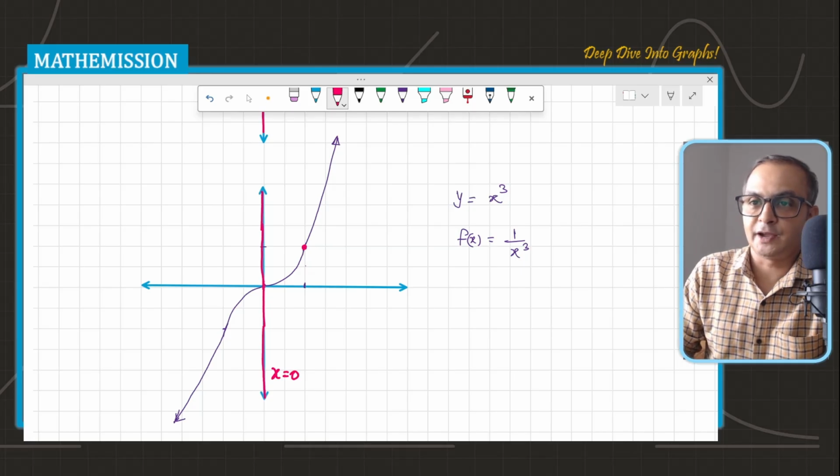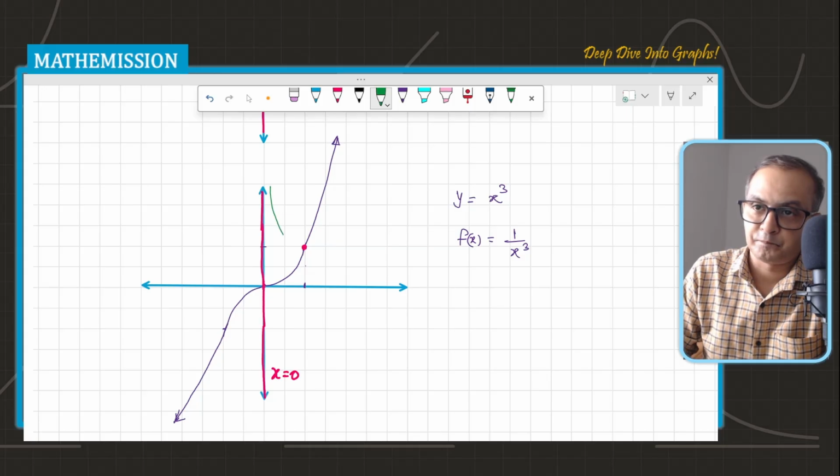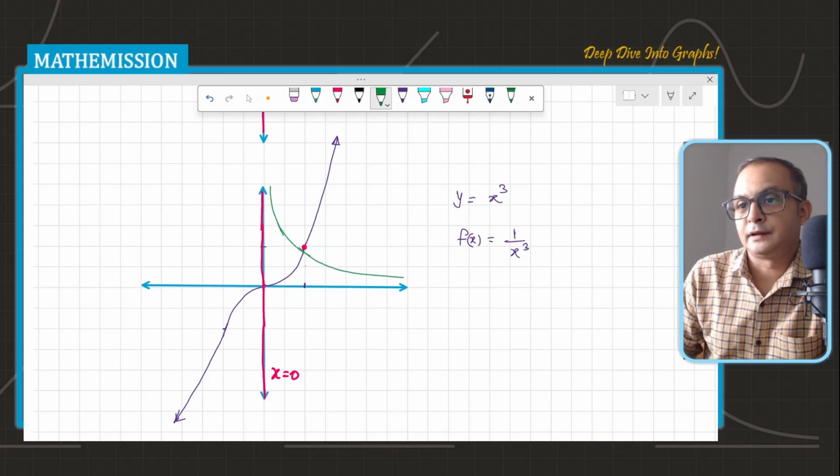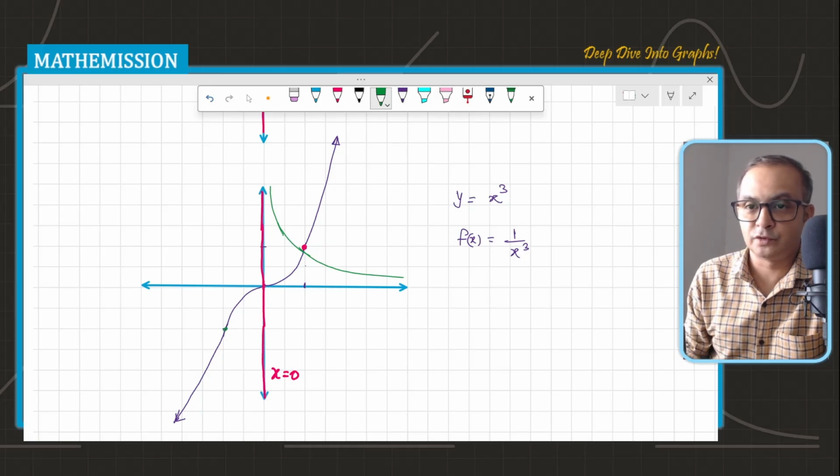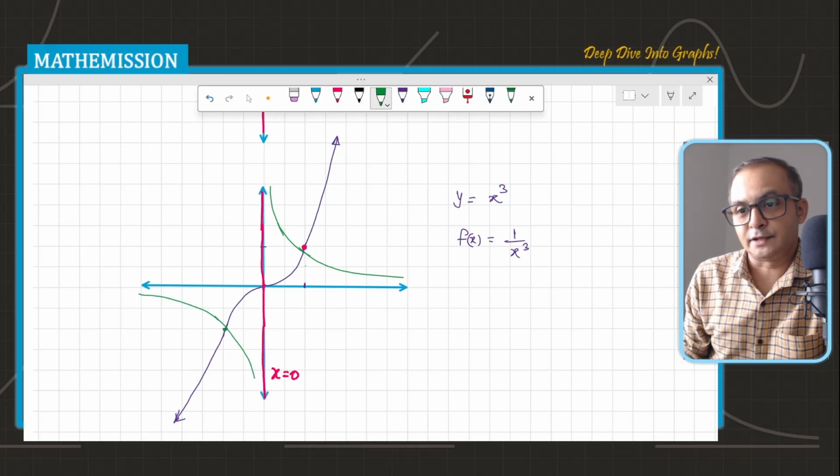So it should look like this in this part. And similarly here, for any negative x value, the function value 1 by x cube is always negative.